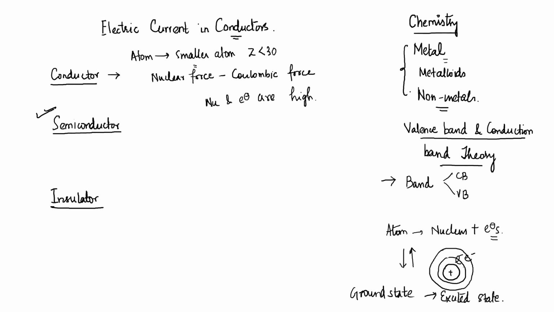But similarly, when we go from 30 to above, when Z is greater than 30, there are a few factors which make the electrons in the outermost orbit behave like unbound electrons.